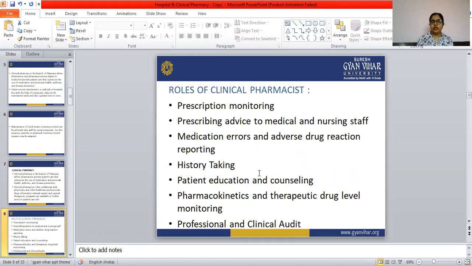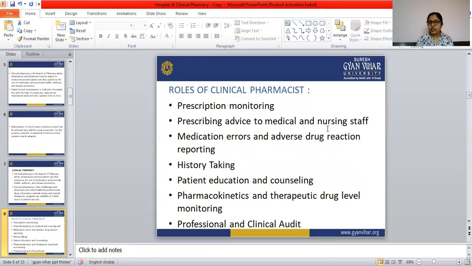So, the role of the clinical pharmacist. What are the roles of the clinical pharmacist? Prescription monitoring: the pharmacist should monitor the prescription.